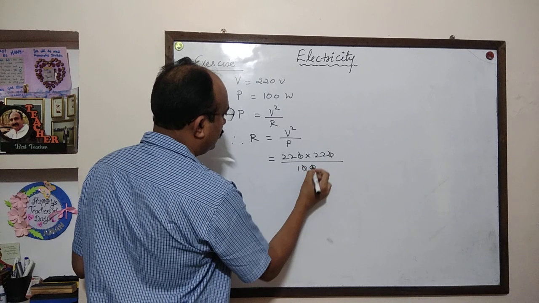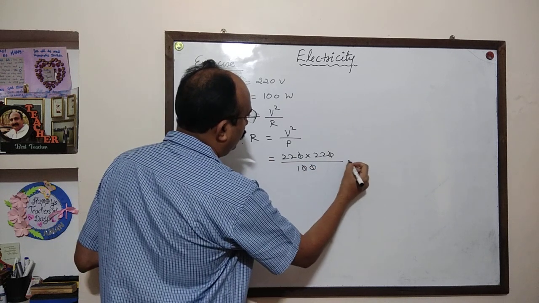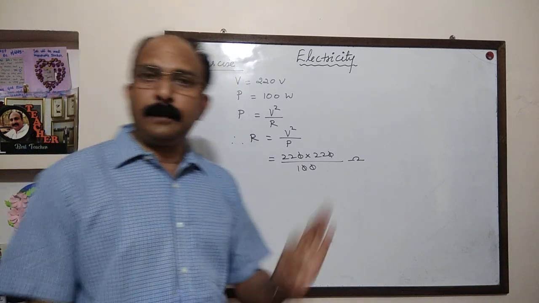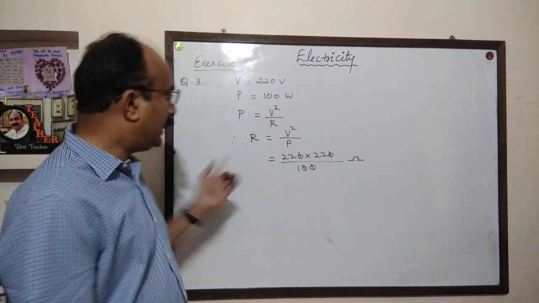So R is equal to 22 into 22 ohm. This R of the bulb will remain the same whichever supply line we use it in.